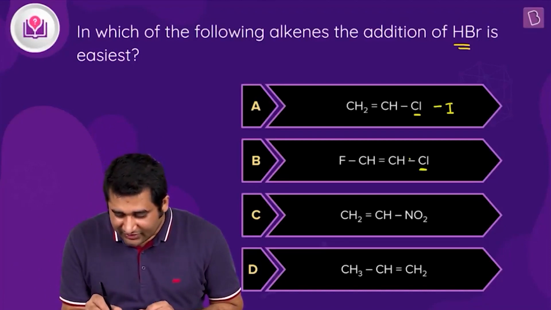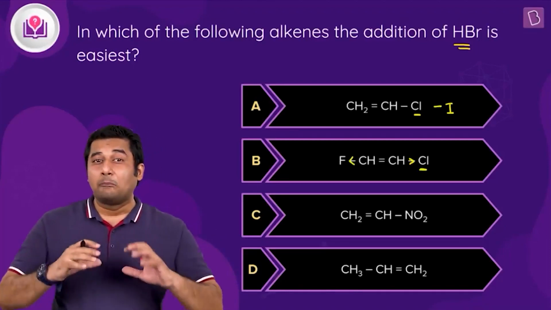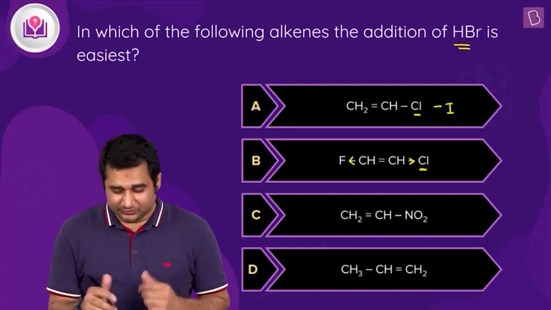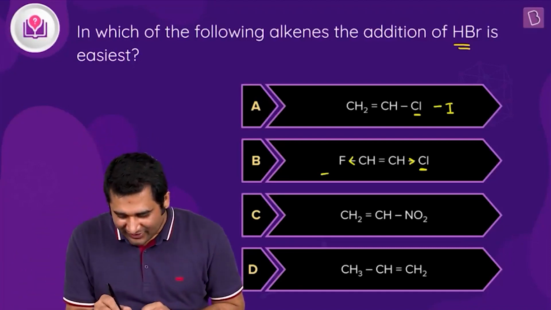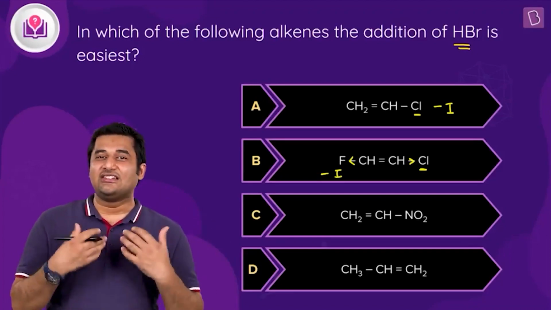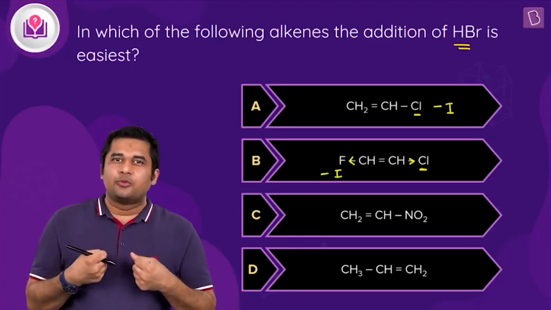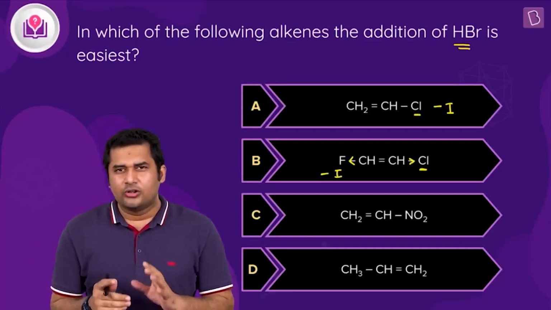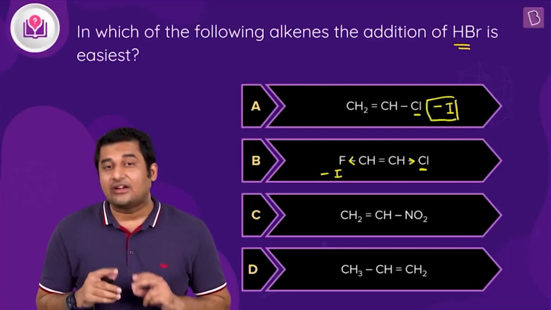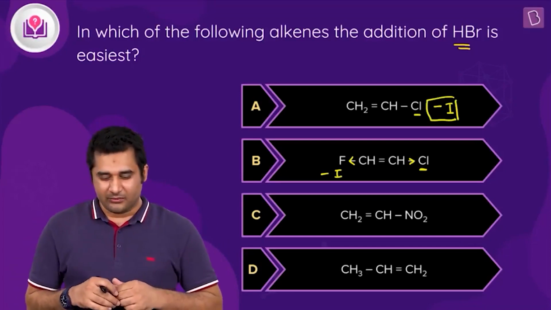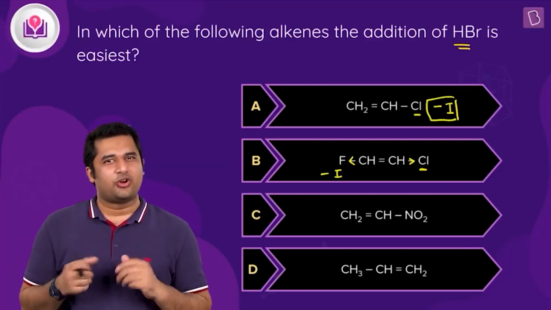Again, you can see we have Cl as well as F. Now F has a bigger thirst for pulling electrons. Alright. So it has a stronger minus I than Cl, in fact, and that is how it will again pull the electron density towards it. Although, let me tell you a very important thing. Although this inductive effect will not affect the pi electron density much, because this effect operates along the sigma bond only.